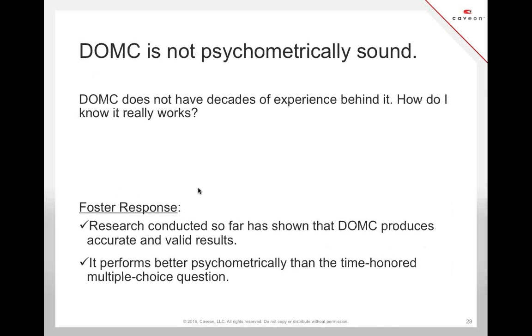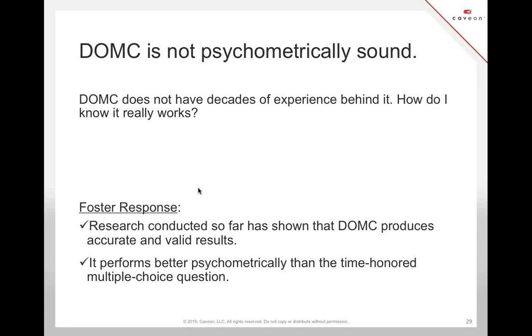DoMC is not psychometrically sound. This is the last one on the list, and some people have concerns about this. But there have been a number of studies done, and those studies were very well done, comparing directly the DoMC with the same item given traditionally in a very well balanced experimental design.